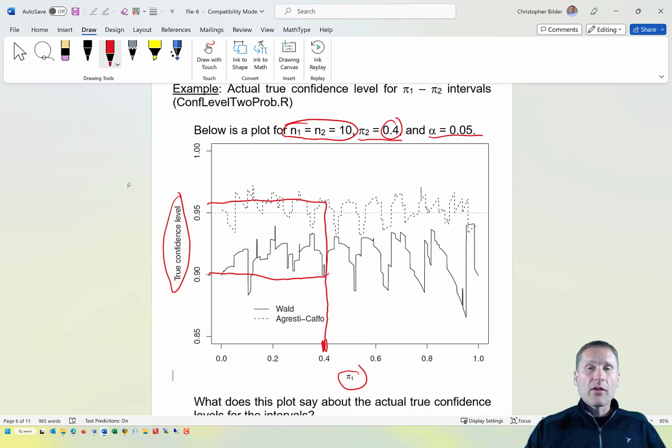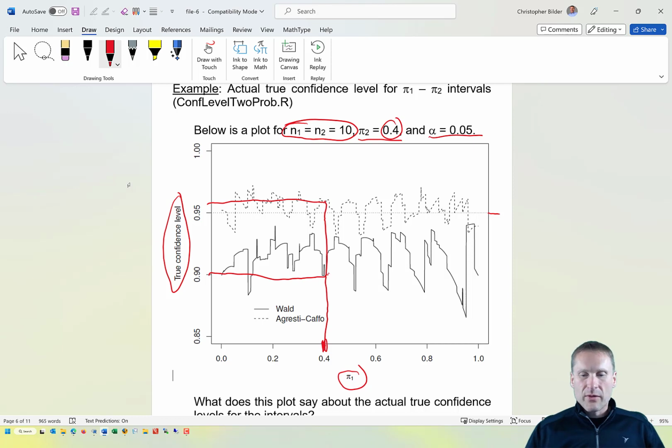Now if we look at other values of pi1, we see a similar trend that occurs. In fact, the Wald interval never, ever gets up to the stated confidence level of 0.95. That's not good at all. So again, that's why the Wald interval is a liberal interval here. The Agresti-Caffo interval, though, its true confidence level tends to bounce around 0.95.